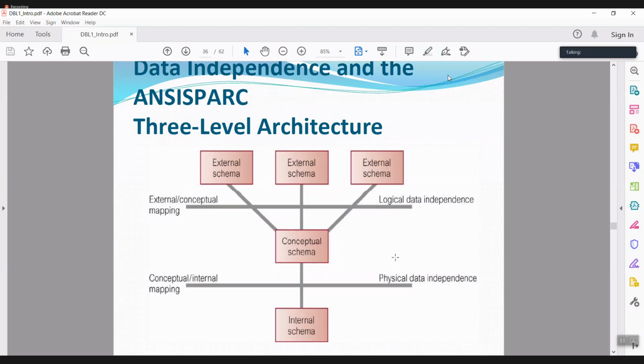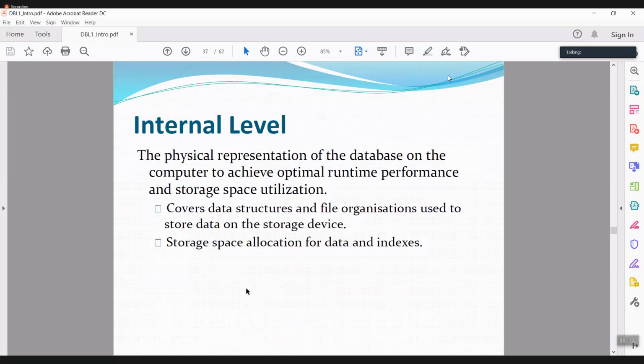Logical data independence means if we make modifications to the conceptual schema, application programs can still access the database without modification. That is about modification to the conceptual schema. Physical data independence means modification to the physical storage.